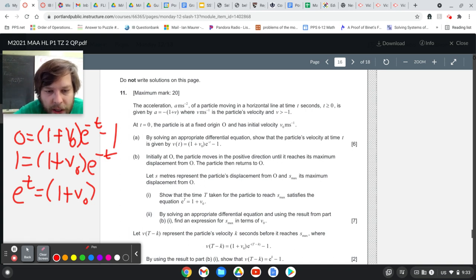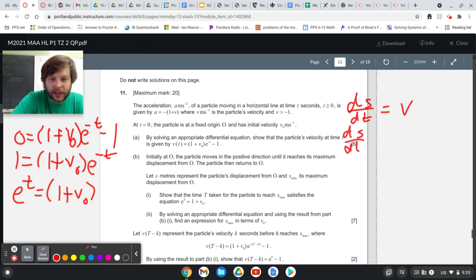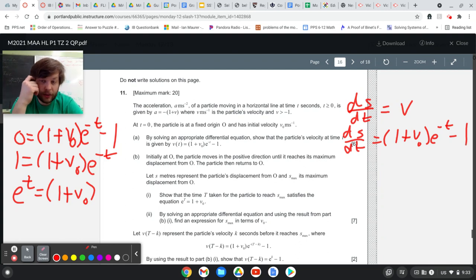Okay, then by solving an appropriate differential equation and by using the result that we just got, find an expression for s max in terms of v naught. Okay, well, I know that the derivative of s, ds/dt, is equal to v. So we know that ds/dt is our expression for v. This is a nice differential equation because the only variable is t, so we can multiply by dt and just take the antiderivative of both sides.